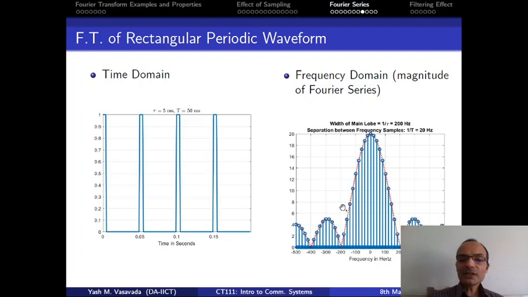The width of this main lobe of the Sinc is going to be the inverse of this 5 millisecond width of the rectangular pulse. Inverse of 5 millisecond is 200 hertz. And so you can see that the main lobe is 200 hertz on each side. And then you get another lobe from negative 200 to negative 400, plus 200 to plus 400, and so on.